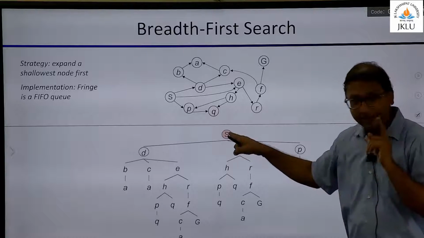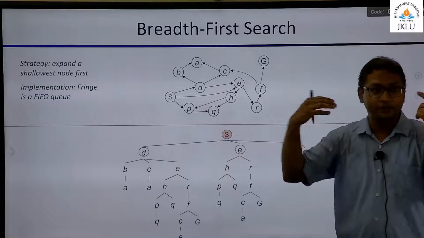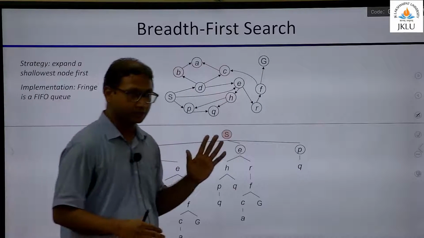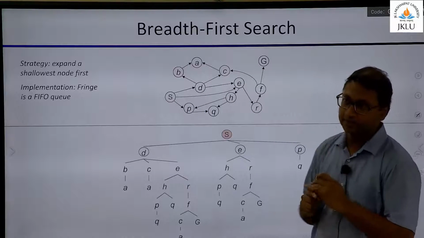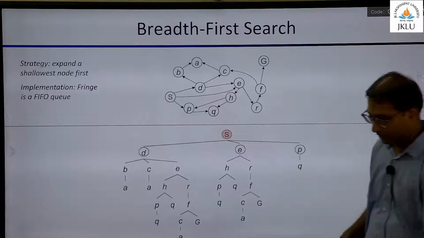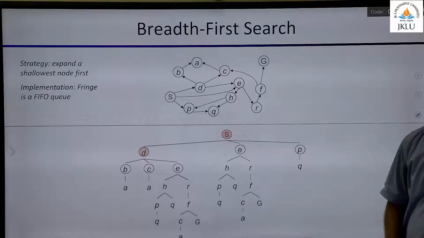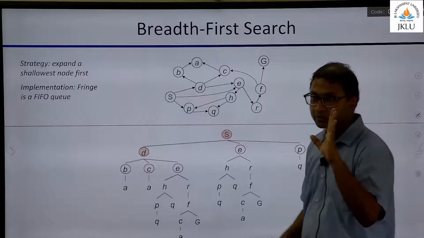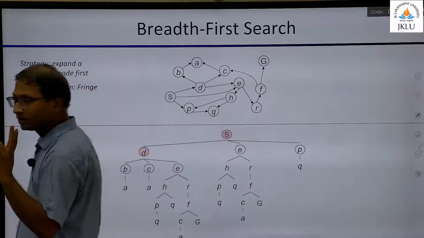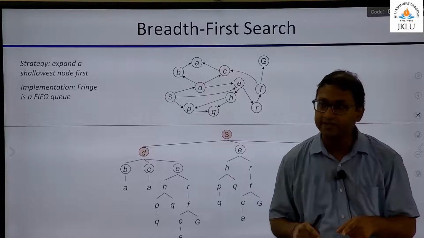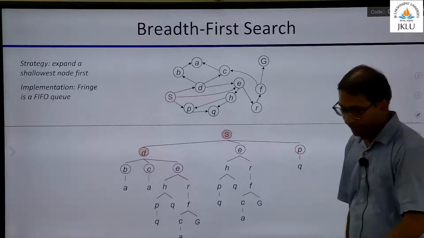Now once you expand S, then fringe becomes D, E, P, right? Now what will happen next? Expand D, my fringe becomes B, C, E. All right, what happens next?